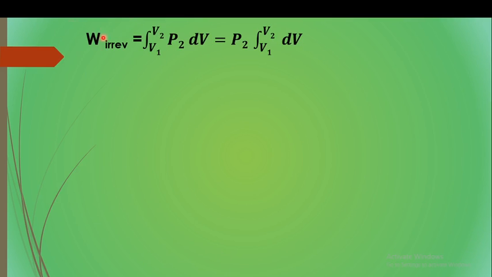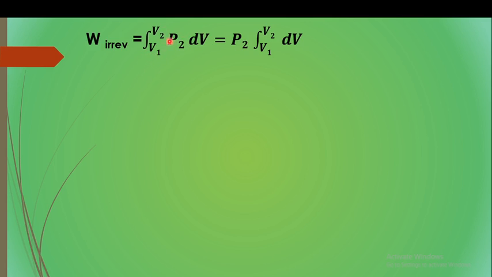So how can we write the work done in the irreversible process in equation form? W irreversible is equal to the integral from V1 to V2 of P2 into dV, because the pressure is changed, since the gas is allowed to expand irreversibly and suddenly.